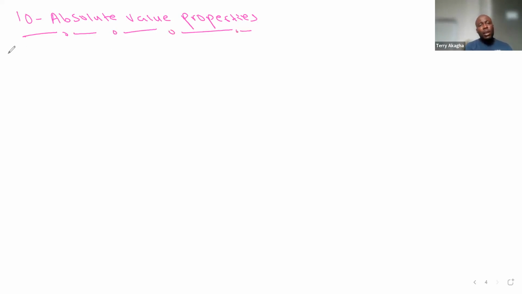So the first one is definitely non-negativity. That means it can't be negative, okay? So you can't solve an absolute value and come up with a negative. So it's non-negativity. That means the absolute value of a particular variable must always be greater than or equal to 0. Okay.